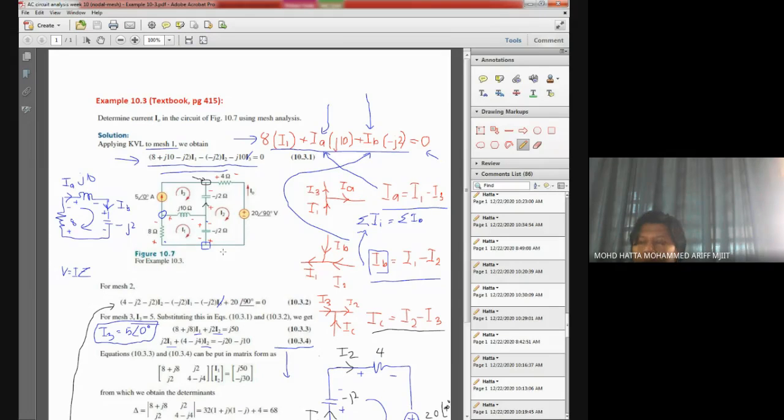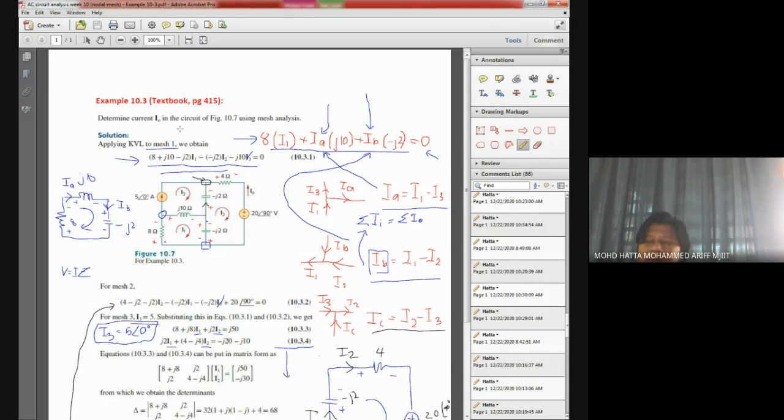If your basic is not strong, it's quite hard to understand super mesh or super node.